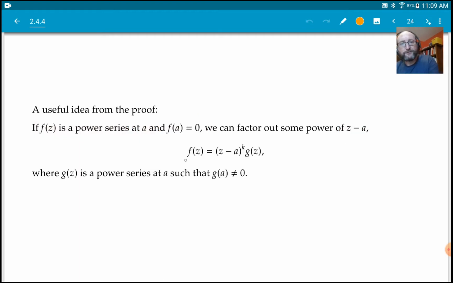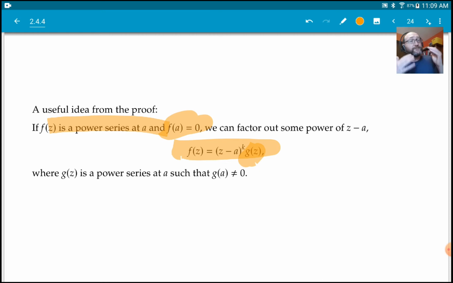You can always write down something like this. If the coefficient was 0, then this k is at least 1. We can at least factor out one of them, and we can factor out enough of them so that g is non-zero. I'm assuming here that f is not identically 0. But that's a very useful idea, something that we will keep using.